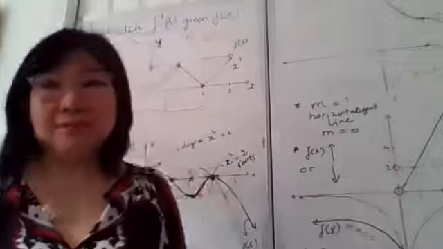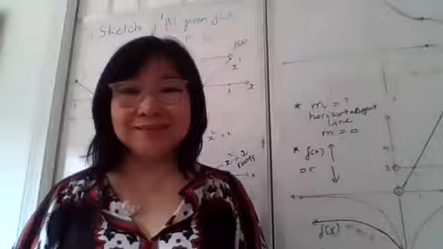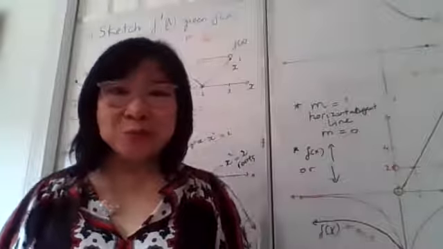Okay, so at this point, I want to give you a summary of how we're going to sketch this. It's a little bit tricky, so let's figure out the hints.